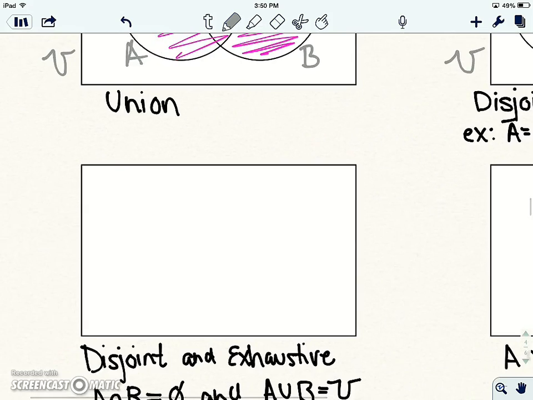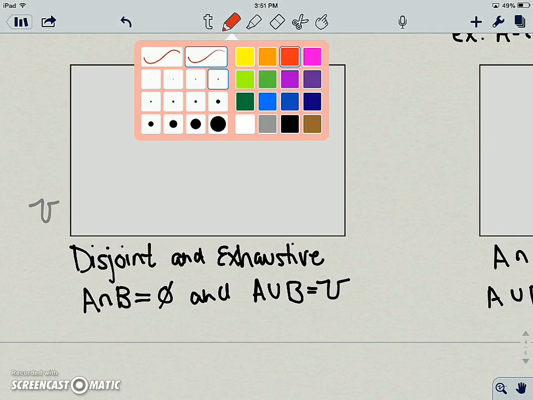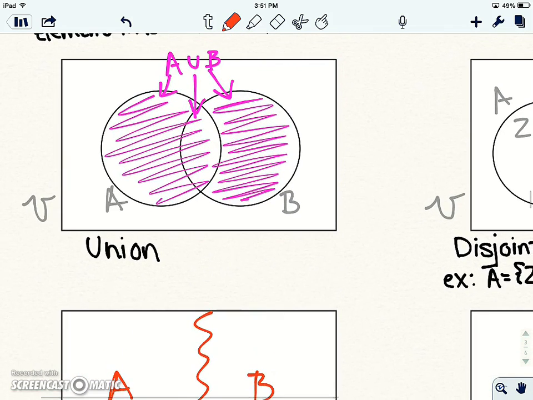We also have something called disjoint and exhaustive. They don't overlap, but they also fill up the universe. So maybe we have some set A that's half of it, and some set B that's the other half. In this case, they don't intersect, but also their union is the whole universe. Versus the union up here, we could have had numbers out here in the universe as well.